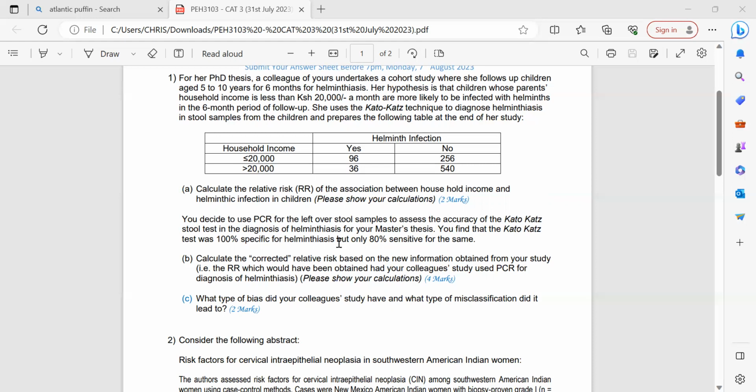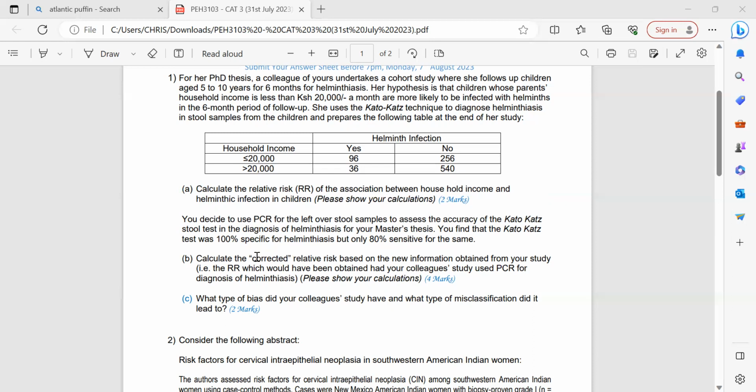So we talked about specificity and sensitivity. Sensitivity is the ability of a test to correctly pick the positive result, and specificity is the ability of a test to correctly pick the negative result.